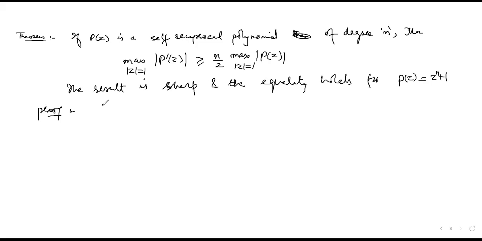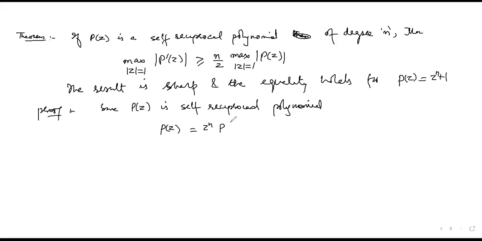So since p of z is a self-reciprocal polynomial, p of z is equal to z raised power n into p of 1 by z.